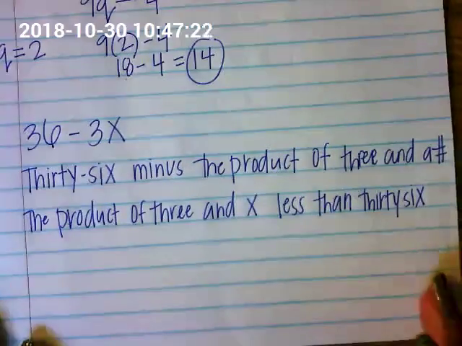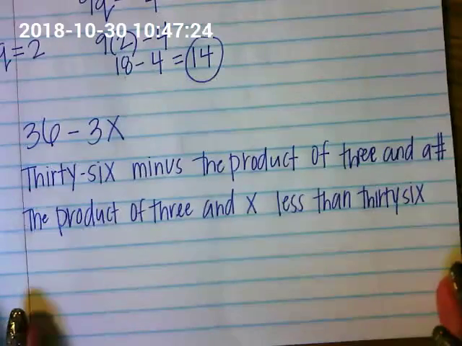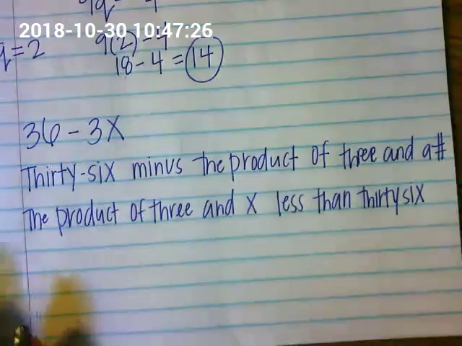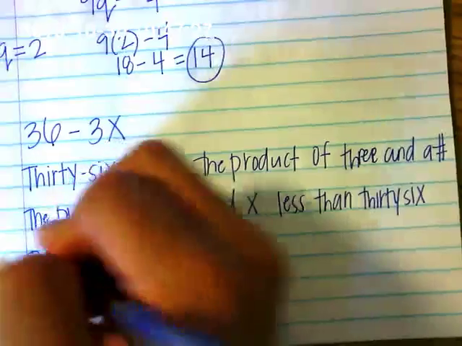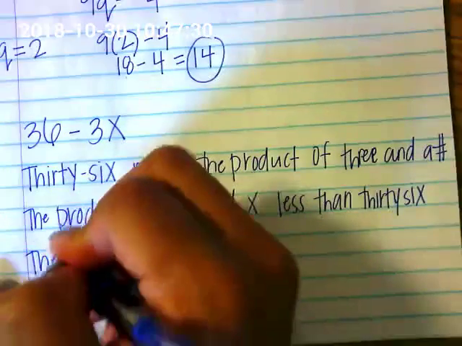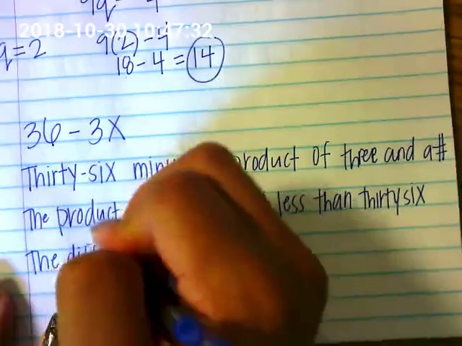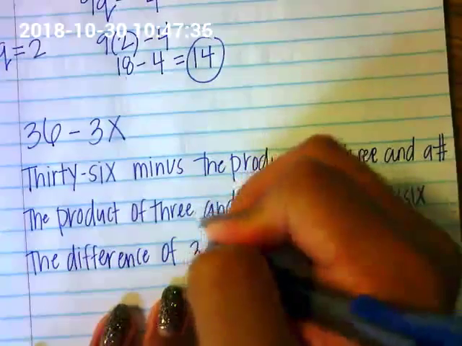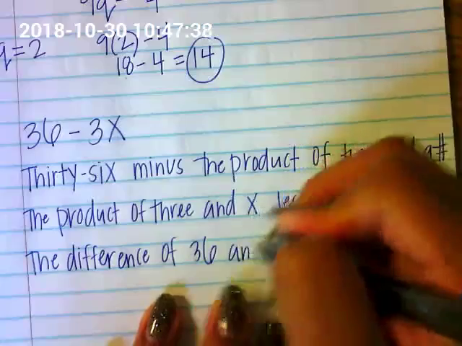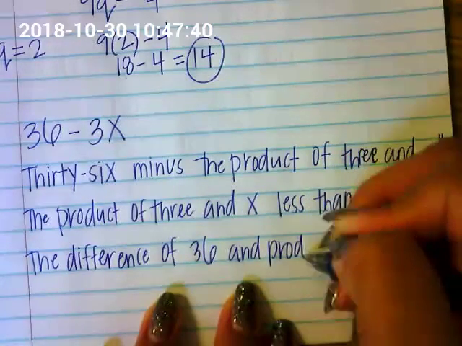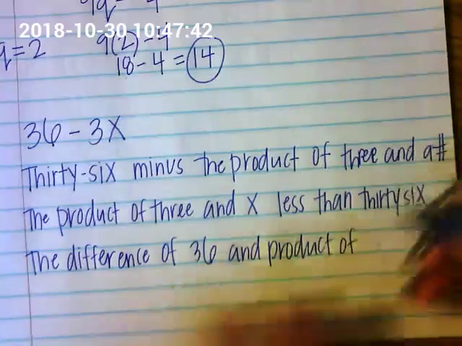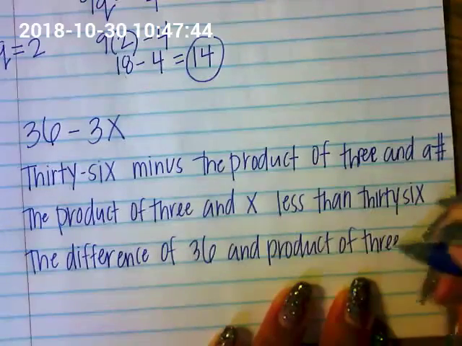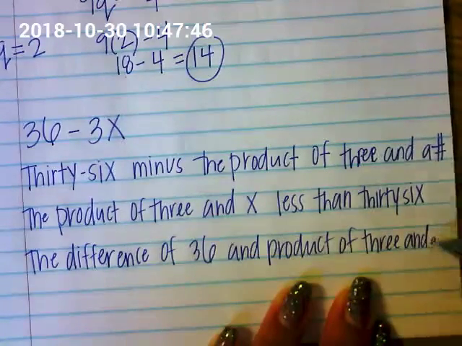Emanuela? I put the difference of 36 and the product of 3 and a number. Perfect. The difference. Hold on, say it again. The difference of 36 and the product of 3 and a number. Of 36 and product of 3 and a number.